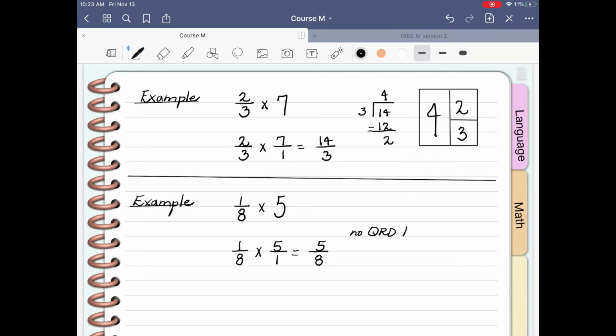Why don't I have to QRD this time? Because the fraction, the answer, is a proper fraction. You only QRD when it's an improper fraction. You see why those terms are so incredibly important.